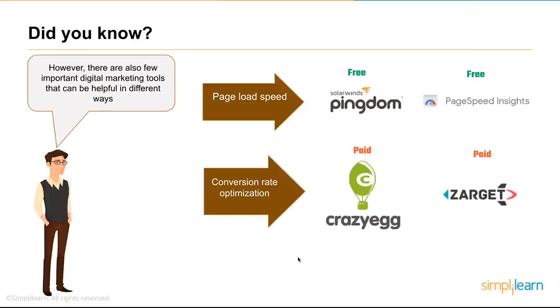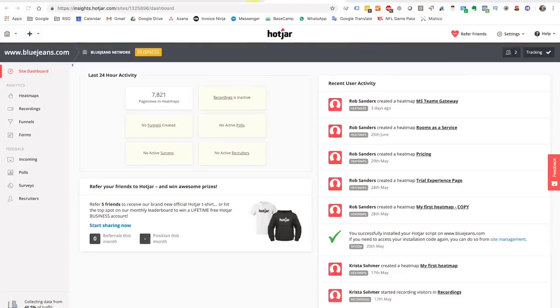My favorite topic, conversion rate optimization. So you've got a couple in here, Crazy Egg and Zarget. Okay, so I'm going to show you another tool called Hotjar. So here, if you log into hotjar.com, you can set up an account. It's actually free.